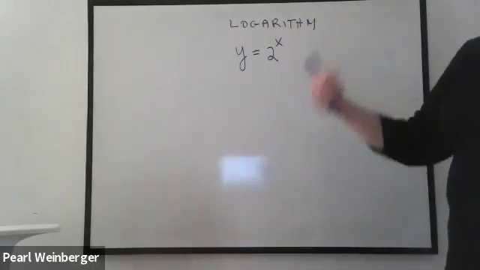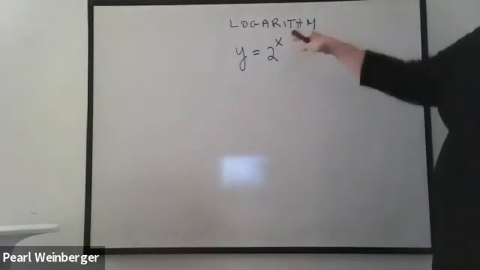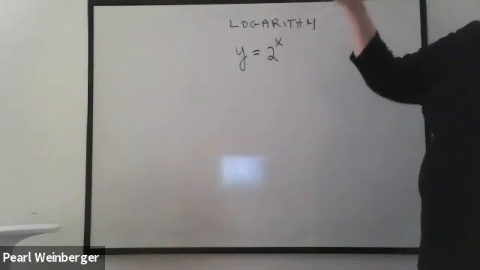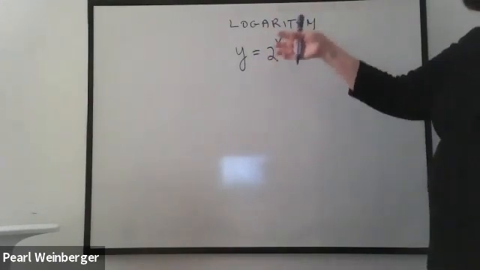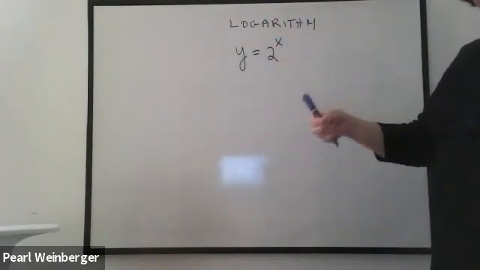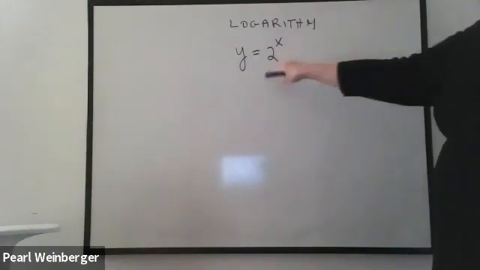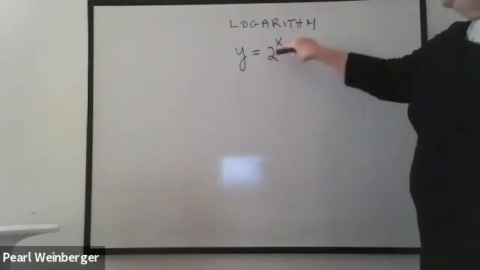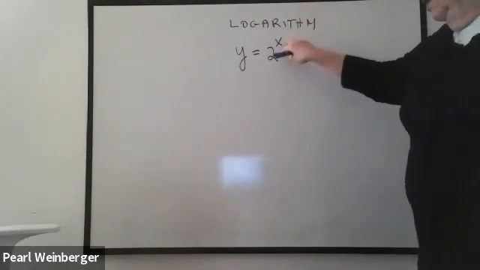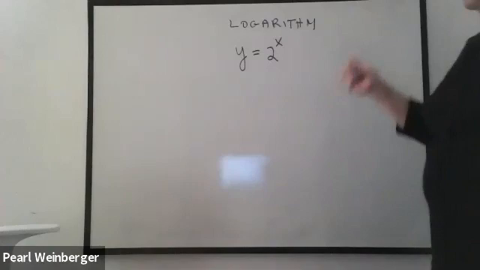So the base is going to be a specific base. The exponent might be 2, it might be a half, it could be a fraction, but the base has to be a positive number. And obviously, if I give you a value for x, you can give me a value for y.